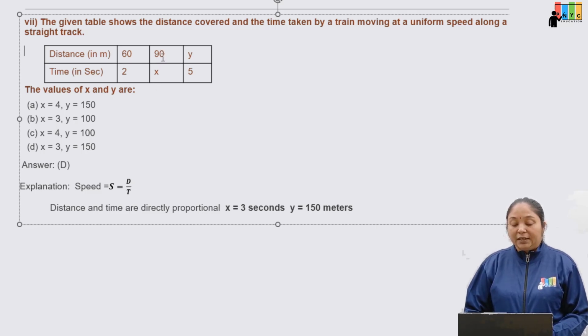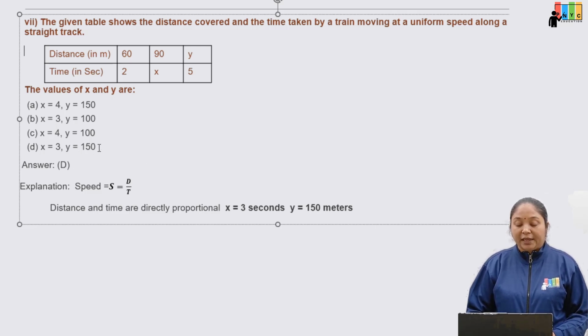Accordingly, putting that in this equation, we can find x and y. Distance and time are directly proportional. So x is equal to 3 seconds and y is equal to 150 meters. So the correct option is option D. x is 3, y is 150.